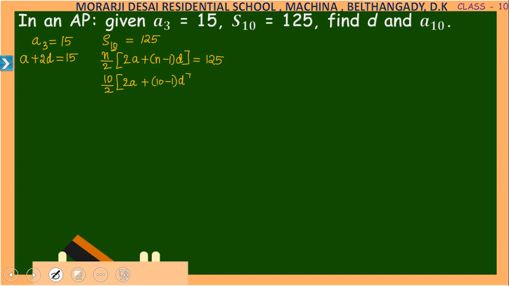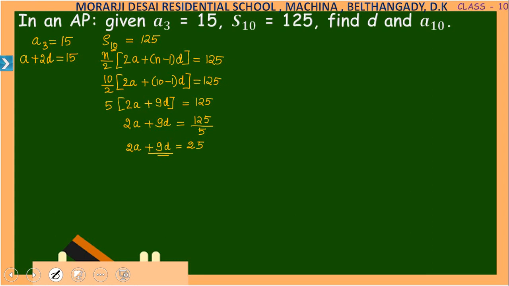We don't have d, right, as it is equal to 125. 10 by 2 is 5 into 2a plus 9d is equal to 125. Take 5 to the right hand side, that is 125 divided by 5. So 2a plus 9d is equal to 25, since 5 twos are 10, 5 fives are 25.